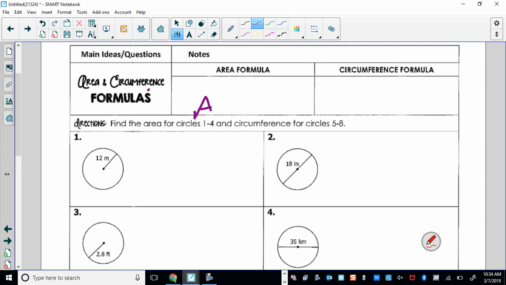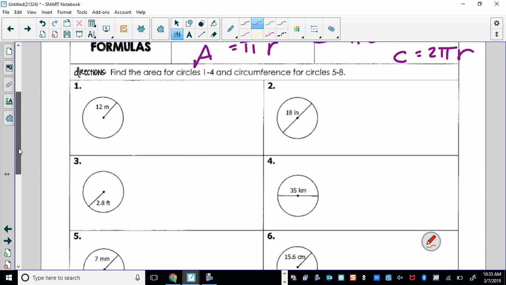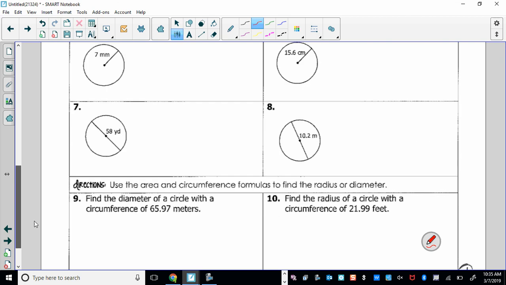So A equals pi radius squared, and C equals 2 pi r, or you can write C equals pi times d, which is the diameter of the circle. So whichever way you write it down, it doesn't matter. One thing I want you guys to pay attention to is to read the directions for this question.